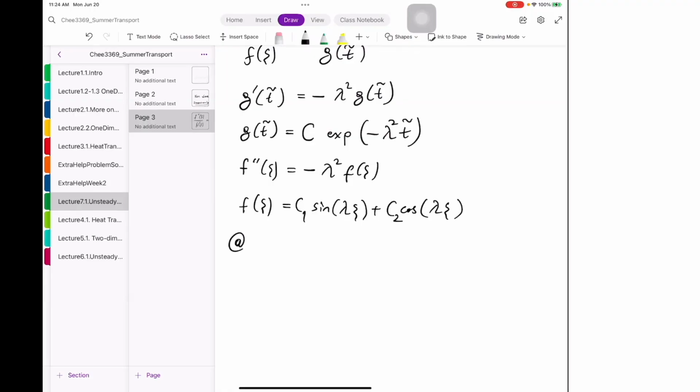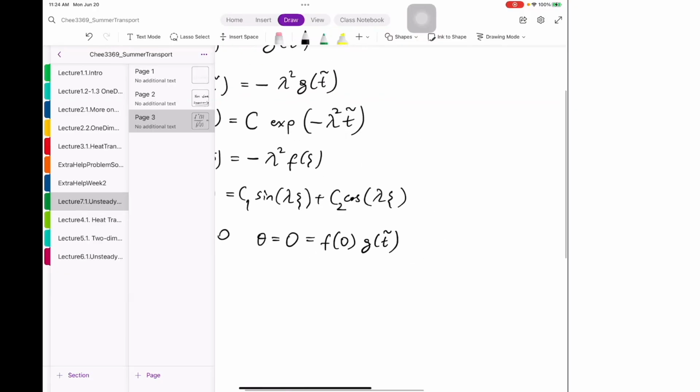One of the boundary conditions is boundary condition 1: psi is equal to 0, theta is equal to 0, right? If you plug in psi equal to 0 in theta equal to 0, you find that f of 0 times g of t tilde for any t tilde must be 0.